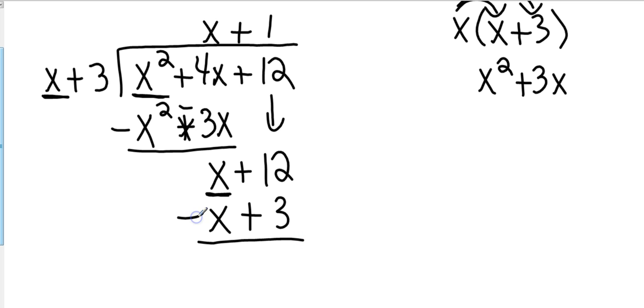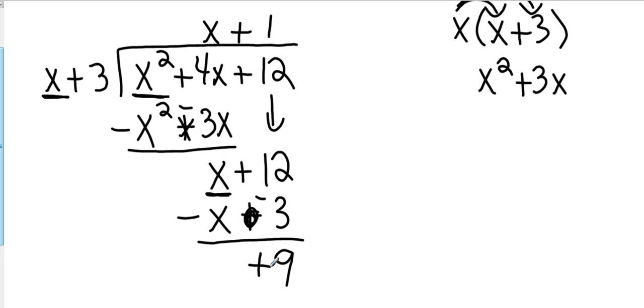Then I subtract, which means I change the signs of everything, and 12 minus 3 is 9. Now, I don't want to add decimals to this. This is just going to be a remainder. So that is a positive 9.